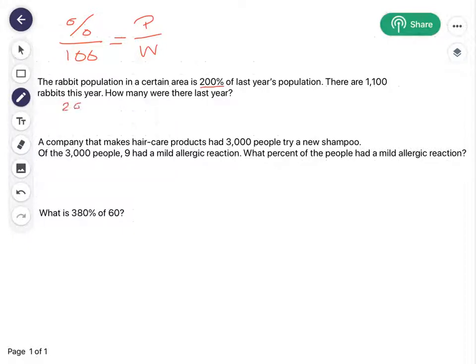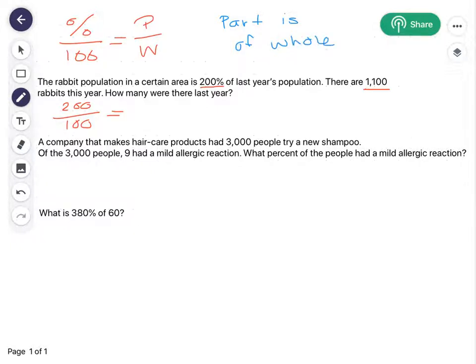So that's 200 over 100 is equal to, and then we need to determine, the only other number in the problem is this 1100 over here. We need to determine if that 1100 is the whole or the part. If you'll also remember from the last video, I said part is, and of whole.